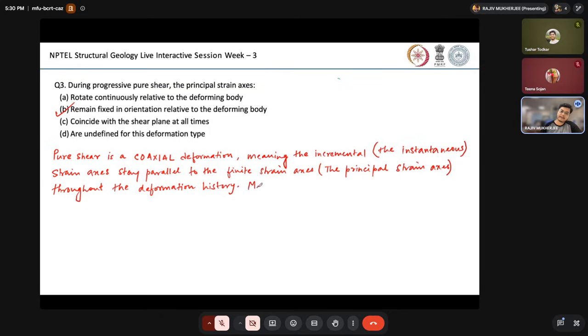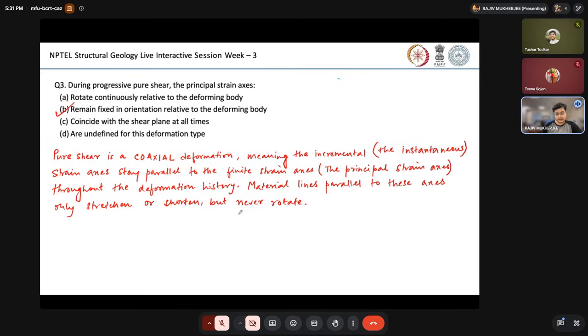That means material lines parallel to these axes only stretch or shorten, but never rotate. Right.